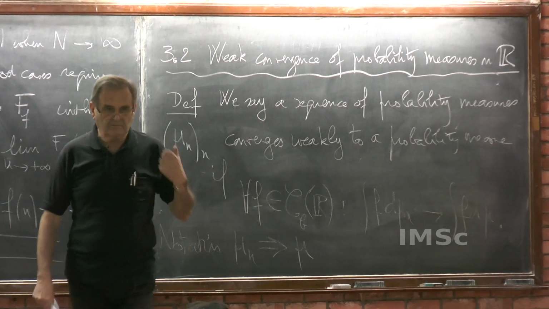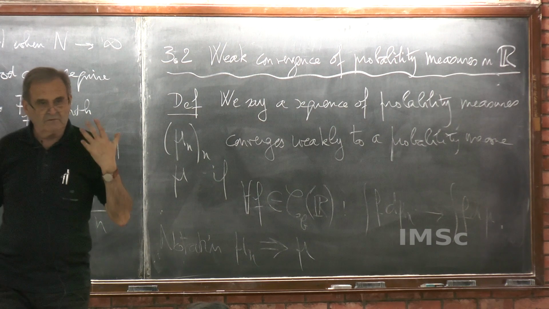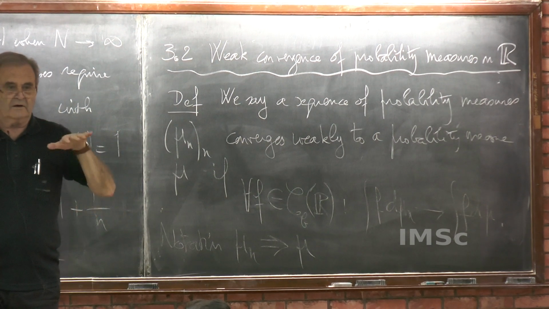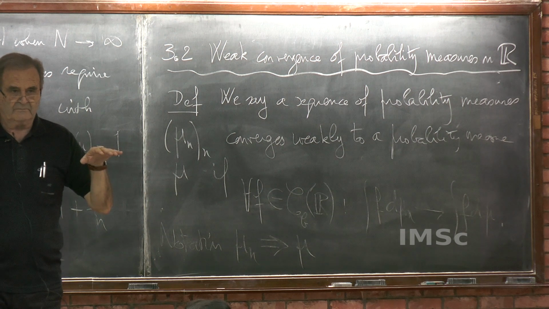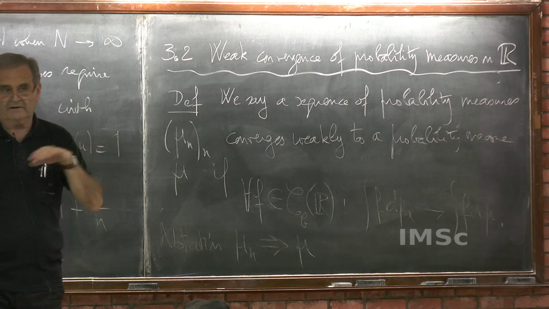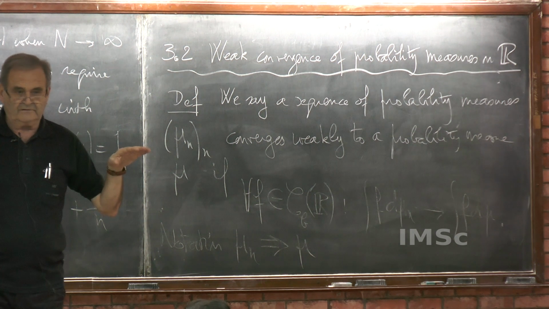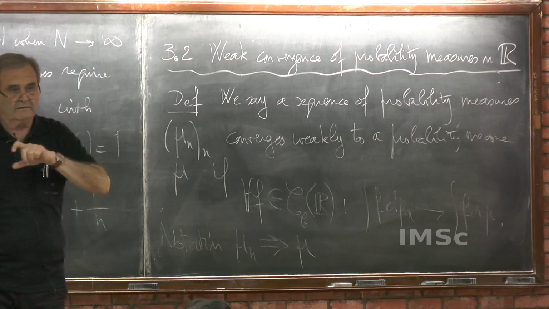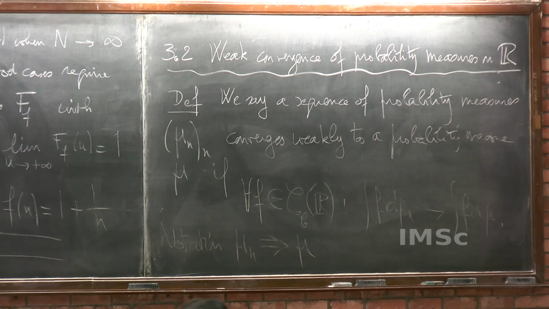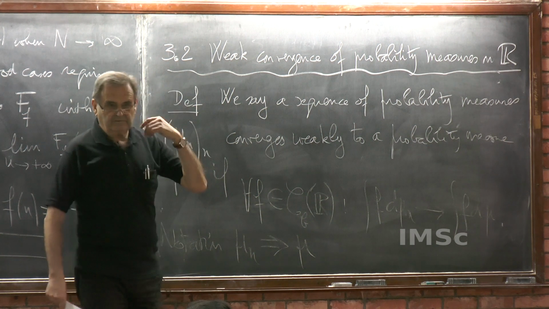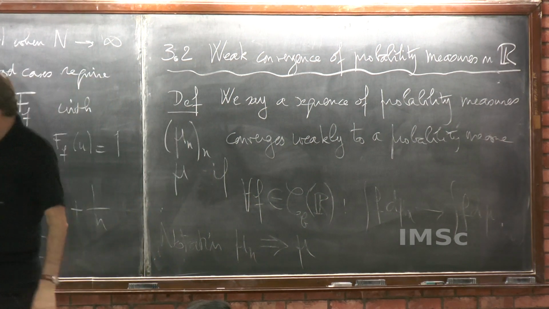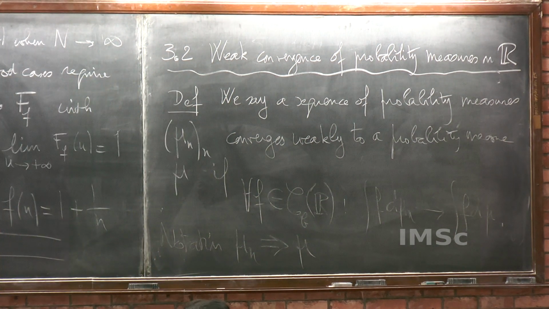I'm not going to prove it, but essentially what you use is the imaginary exponentials. Imaginary exponentials are very nice continuous functions. They are bounded by 1. The modulus is always equal to 1. So they are nicely bounded. And if you have convergence on this subset, it will be enough to have convergence everywhere. So I will introduce something.